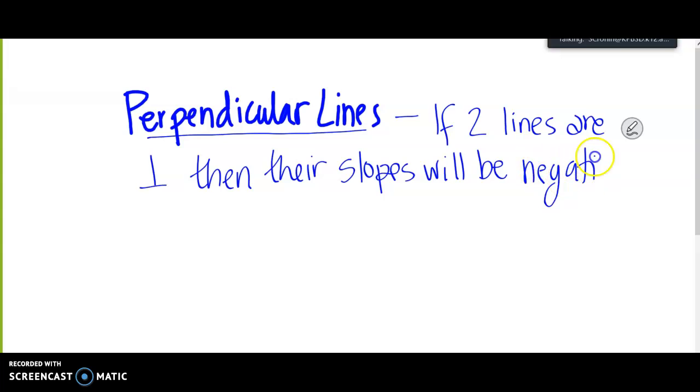So they're going to have opposite signs. That's what that means. And reciprocal means flip the fraction.